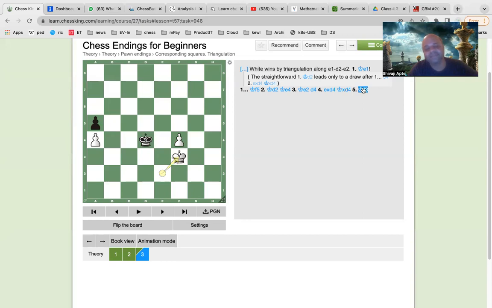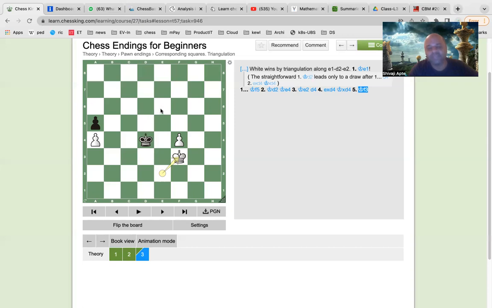Why? Can black successfully block the f pawn? No, because he cannot come to e5, he cannot come to e4. He can go to d5 and then try to go back. But the moment he goes to d5, the king will go to g4.